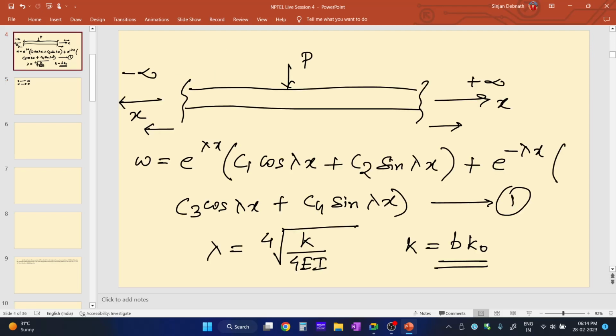If this beam is very long, at a position very far away from point P, if we apply load at a very far away point on this side and in this direction also, at those points the deflection will be 0. It's obvious.